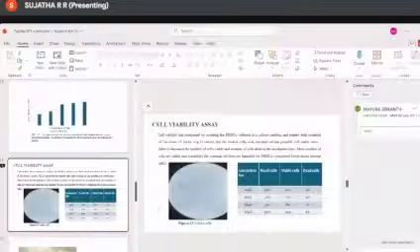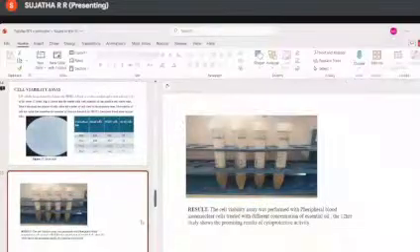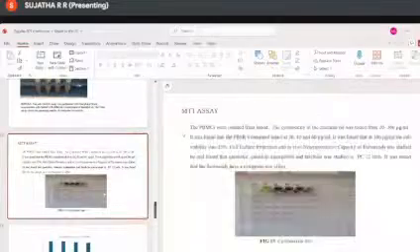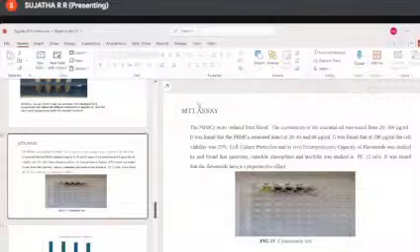Apart from this, we also performed a cytotoxicity assay, for which we used the MTT assay. In this assay, there is a compound called dimethyl thiazolyl tetrazolium bromide, which is basically yellow in color.